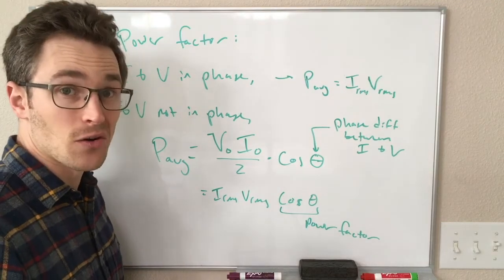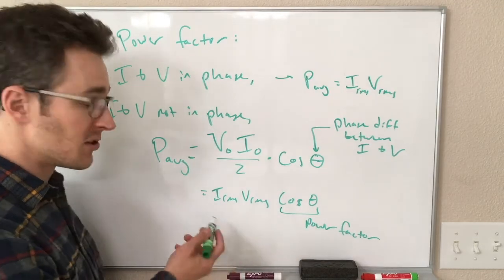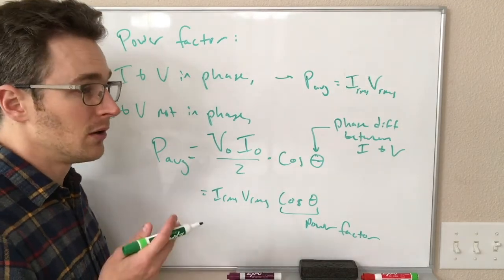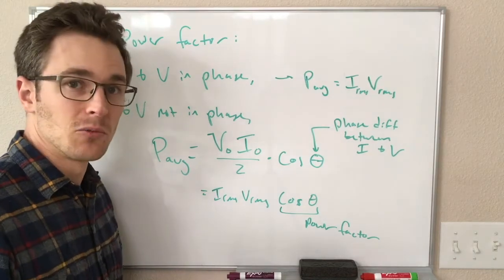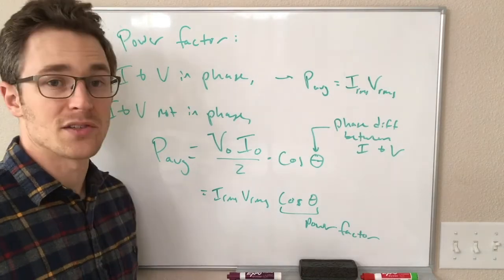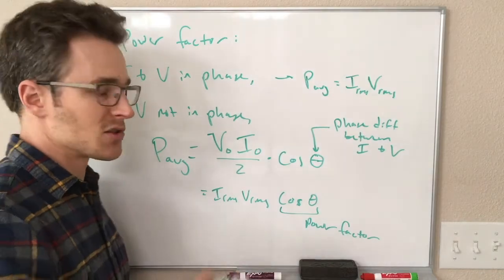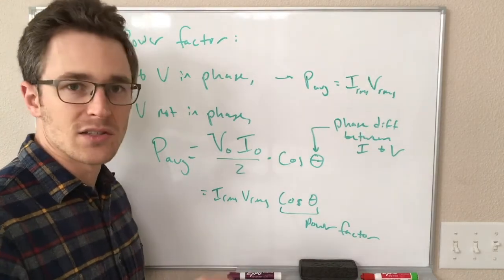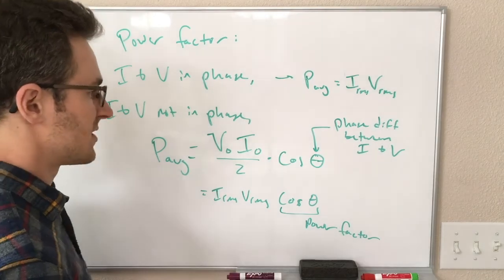Cosine of 90 degrees is 0, and so 0 times this stuff gives us 0 average power being dissipated in our ideal capacitor or our ideal inductor, which makes sense. Those things in our ideal analysis conserve energy. They can store energy, but then they give it back to the circuit as the state oscillates back and forth. So yeah, that's consistent with what we expect.